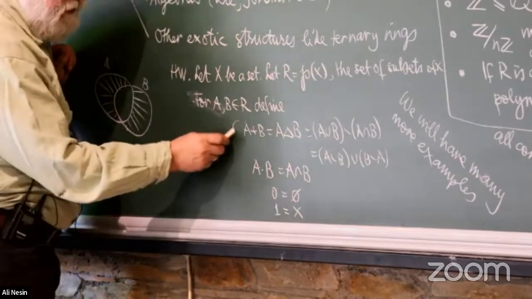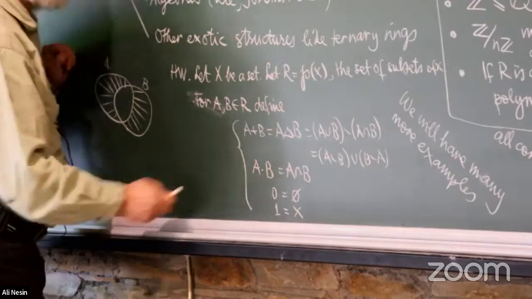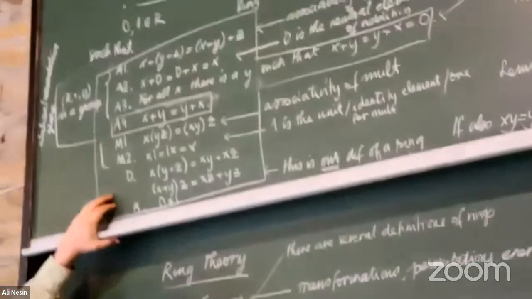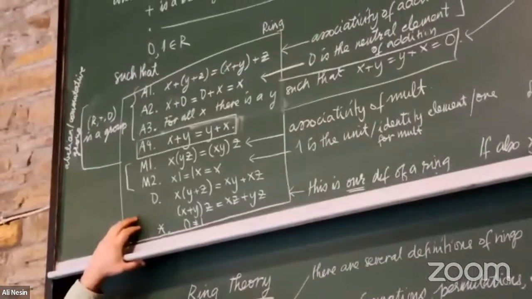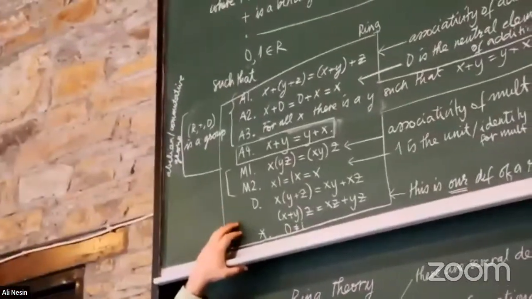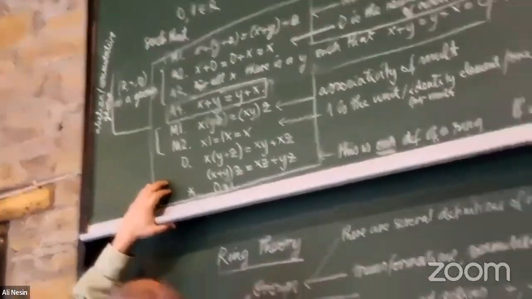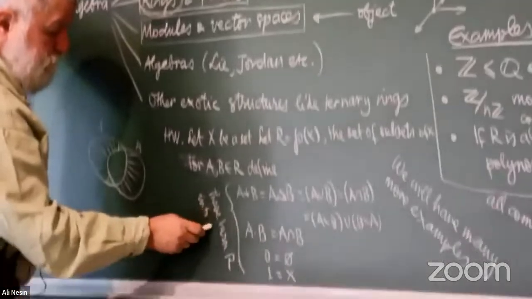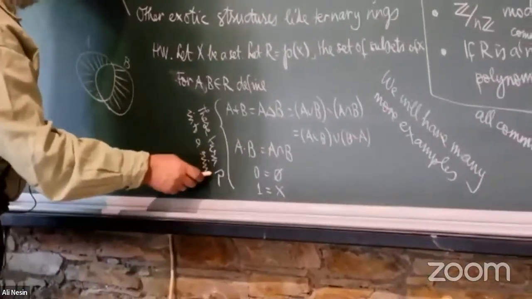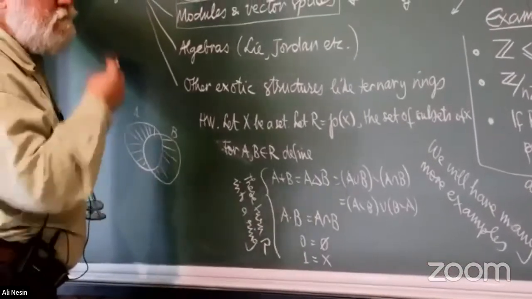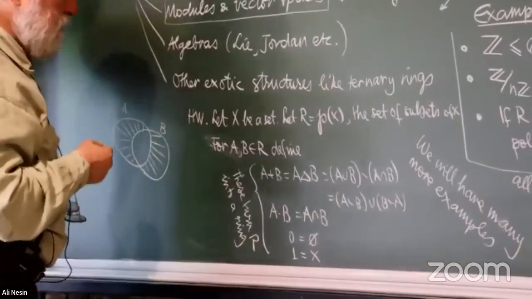So here we have addition, multiplication, 0 and 1. These satisfy all these axioms. This is a ring. These turn R, the set of subsets of X, into a ring. I can give more examples.